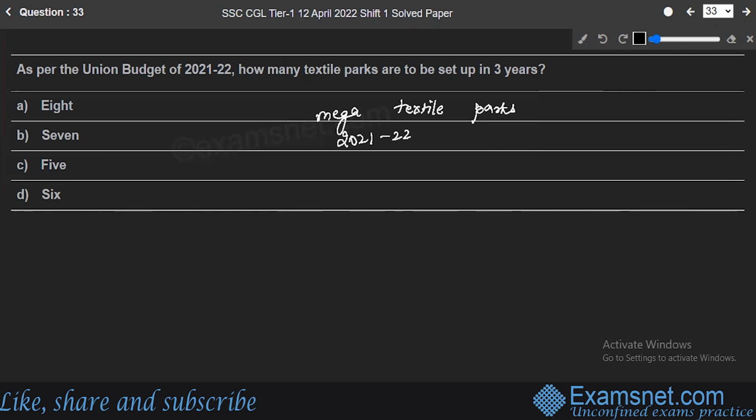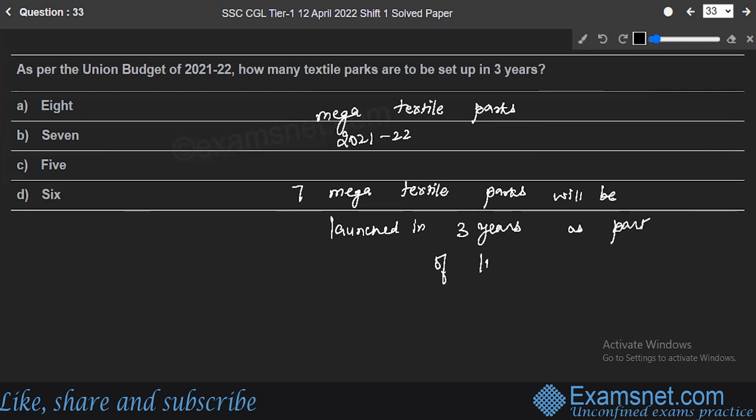A scheme of mega investment textile parks will be launched in addition to the production linked incentive, that's the PLI scheme. 7 mega textile parks will be launched in 3 years as part of the scheme. So the correct answer to the question is option B.